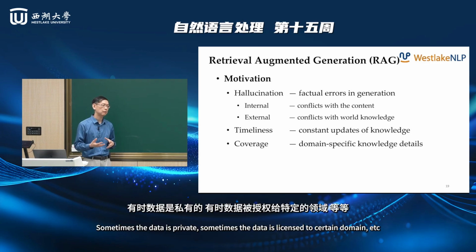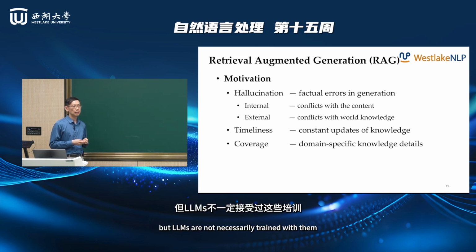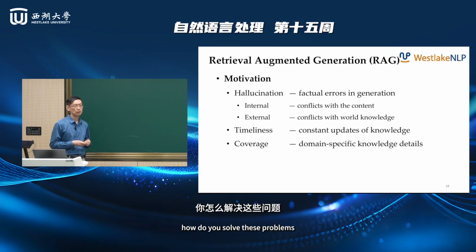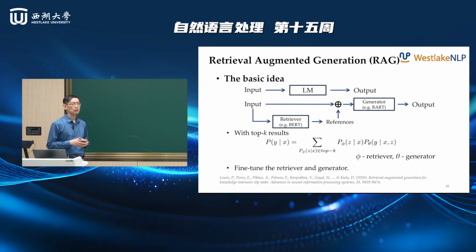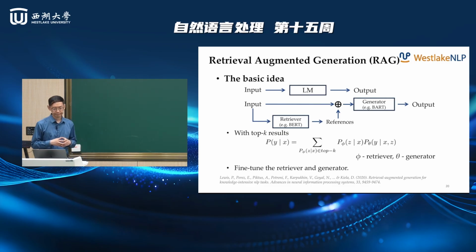Sometimes the data is private, sometimes the data is licensed to a certain domain, etc. These professional knowledge are very useful, but LLMs are not necessarily trained with them. How do you solve these problems? Retrieval augmented generation, or RAG, is a solution to avoid all the problems mentioned above.